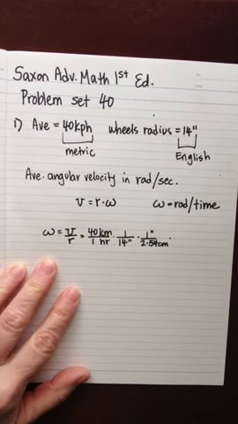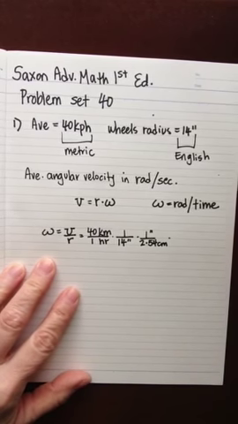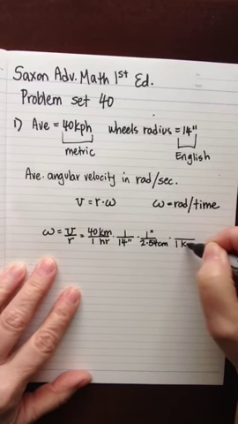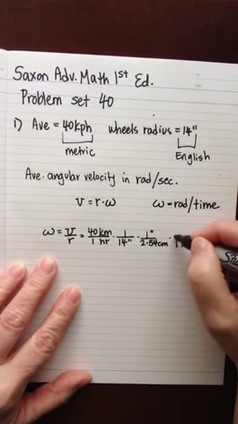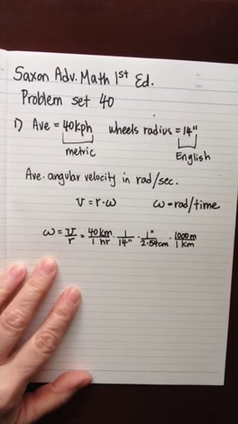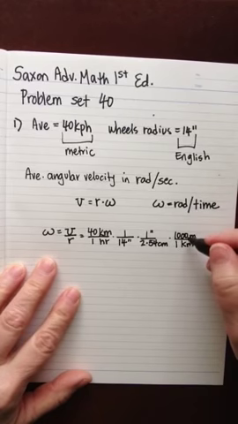Let me see what I did. Okay. So I'm going to put 1 kilometer down here to start getting rid of that, and that's equal to 1,000 meters. That's the meaning of kilo. Kilo means 1,000, so 1 kilometer has 1,000 meters.